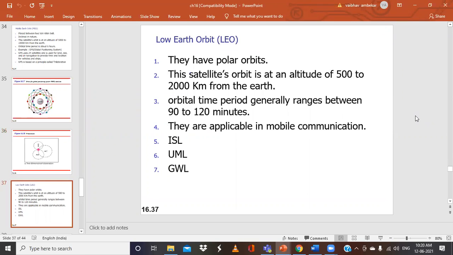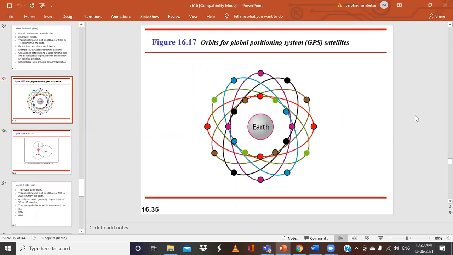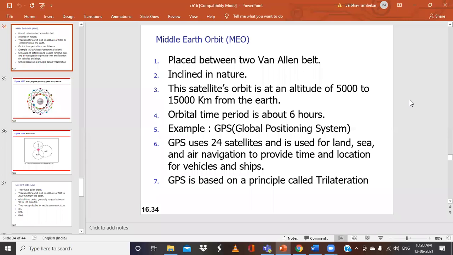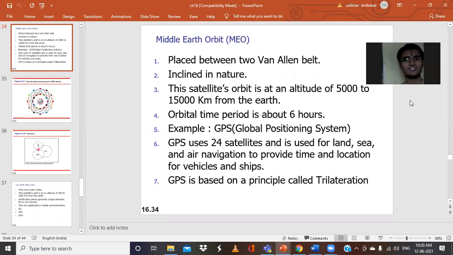We can see the example: these are the orbits for the global positioning system. You can see that it uses 24 satellites, and its nature is inclined. The satellites travel in an inclined fashion.